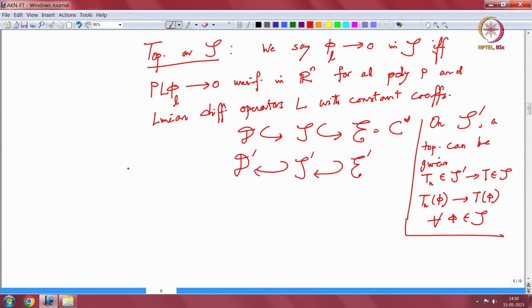So, you see, this is the distributions with compact support, and this is distributions, these are called tempered distributions. This is all distributions.